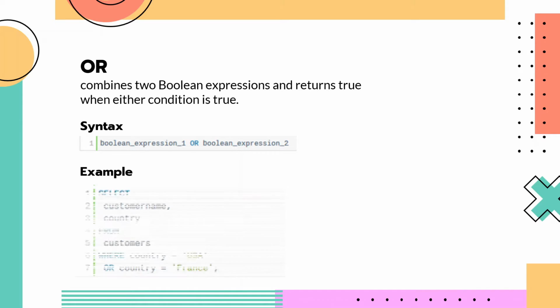From the following, we can see the example to use the OR operator. Select customer name, country from customers where country is USA or country is France. So based on the query, it will return the data if the country is USA or if the country is France.